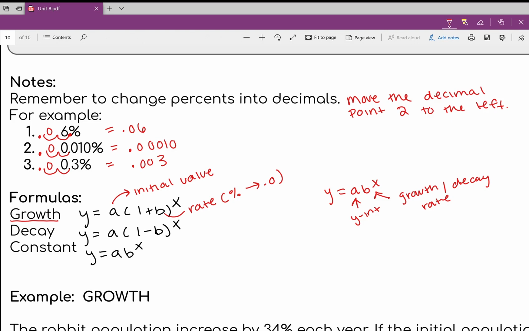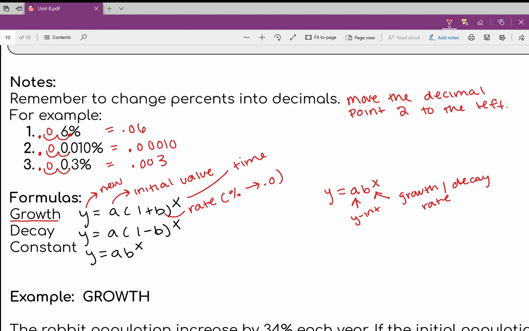And this x is going to be labeled as time. So we have a as our initial value, b as our rate, x as our time, and this is going to be 1 plus since it's a growth. And lastly, this y value is going to be our new value.